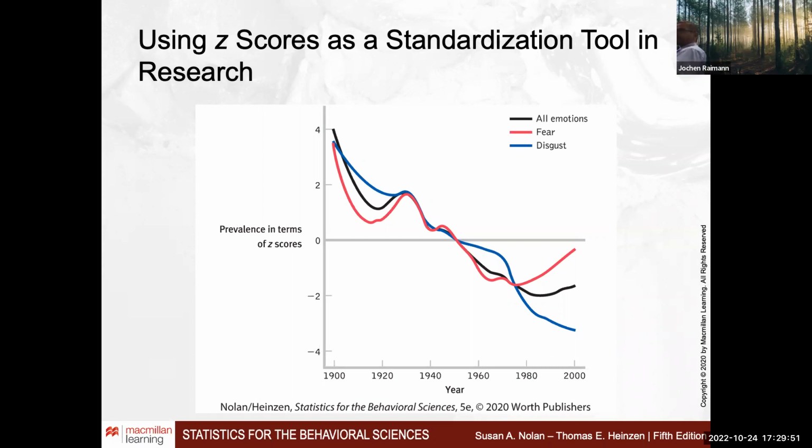These are three different metrics, which you can't really do anything with. But if you have individual entries for each of your participants, you can use z-scores to compare all these three emotions to each other. So you're basically comparing apples with oranges. That's why I like that slide.